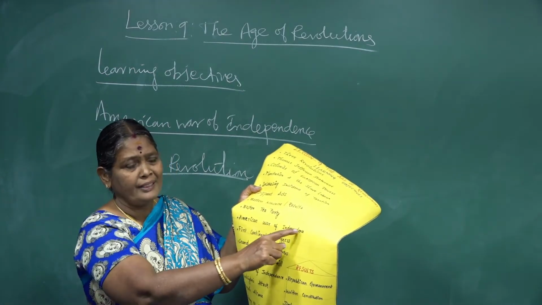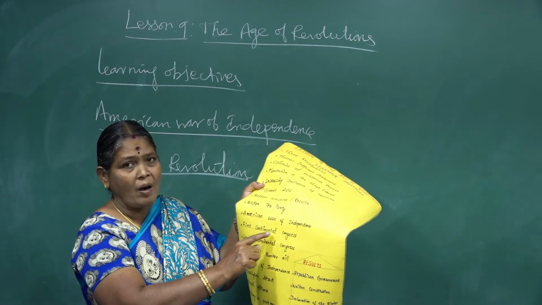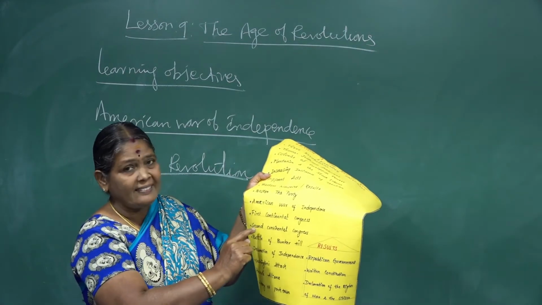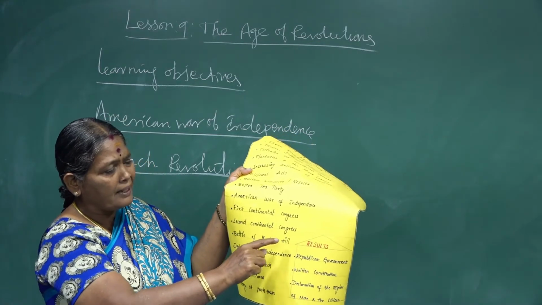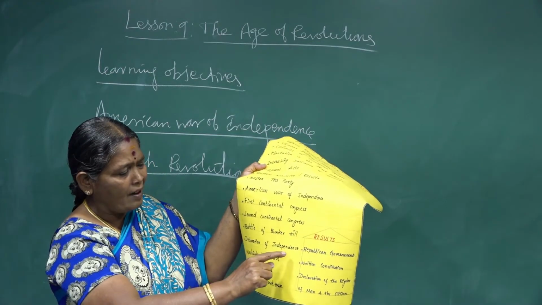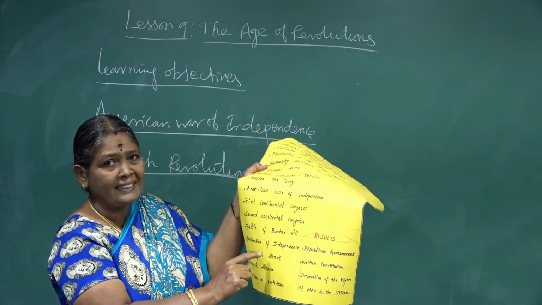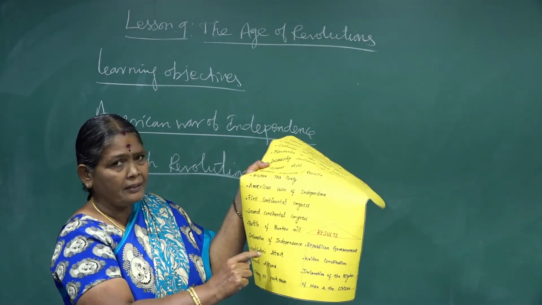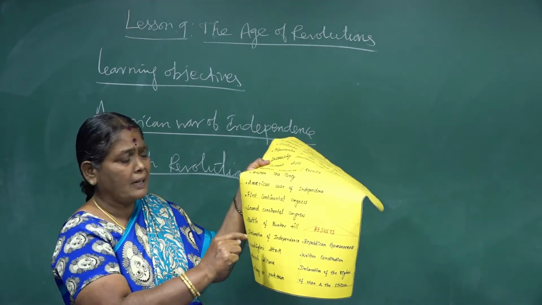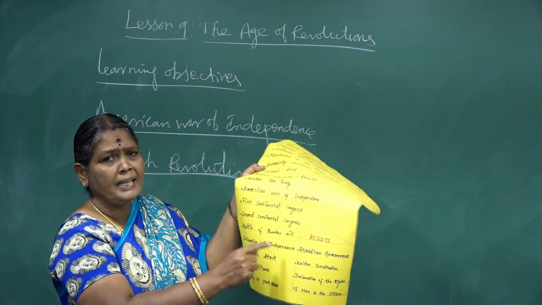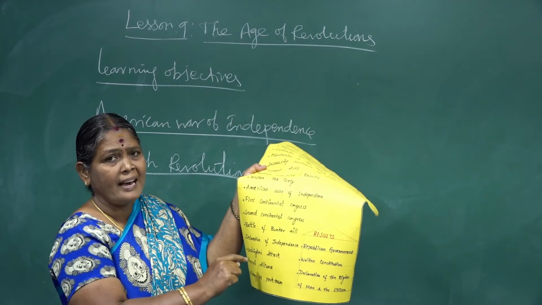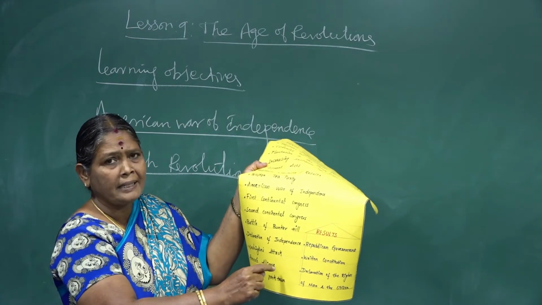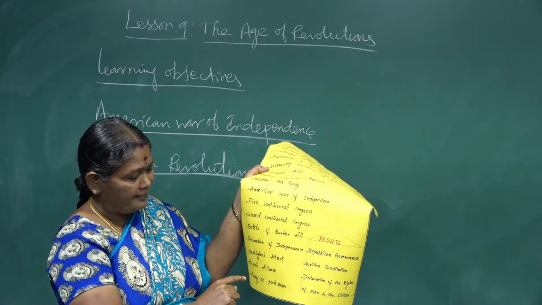The American War of Independence: the First Continental Congress, the Second Continental Congress, the Battle of Bunker Hill, the Declaration of Independence, and Washington, the chief commander-in-chief, and how he waged the war. The French alliance, France and America made an alliance.